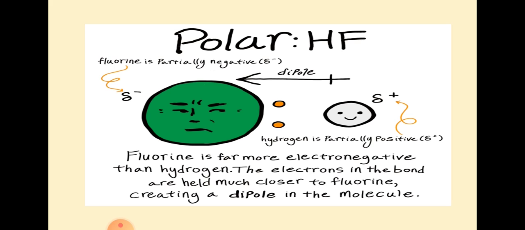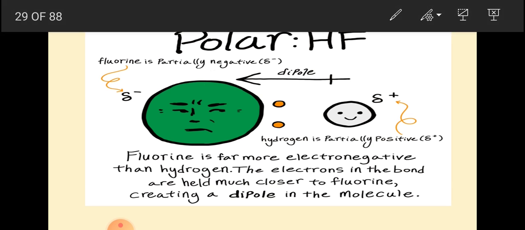It is denoted by the symbol chi. Suppose A is an atom, so the electronegativity of atom A will be chi A.